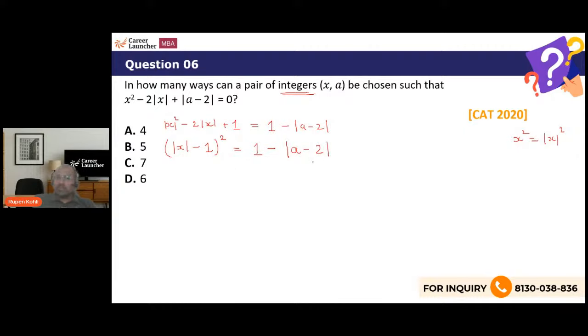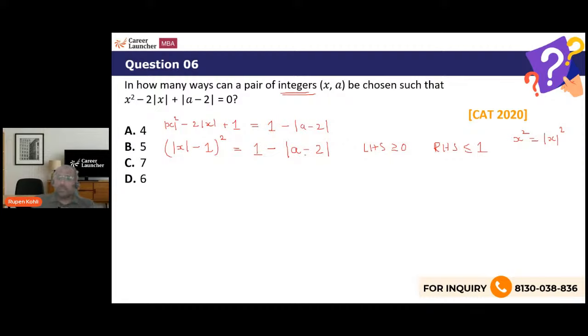Point to be noted is that the LHS is greater than or equal to 0 because it is a perfect square, whereas the right hand side is less than or equal to 1, because from 1 we are subtracting a modulus. A modulus is always greater than or equal to 0.